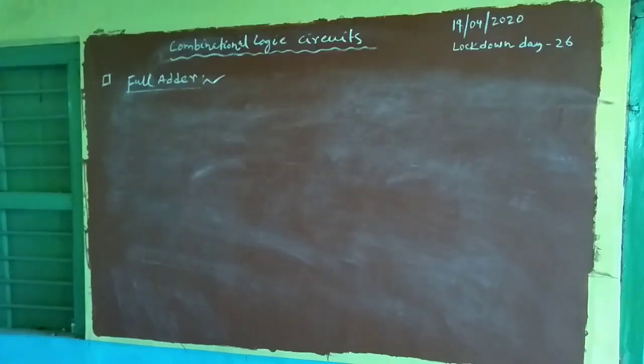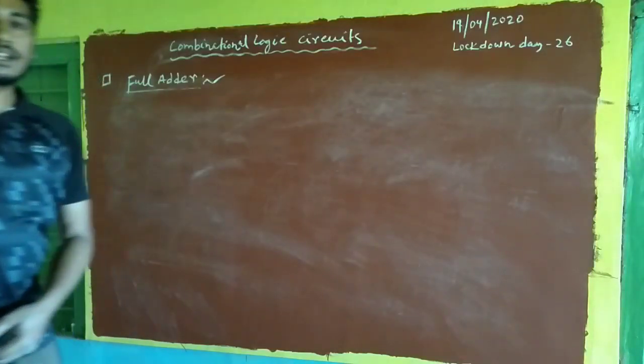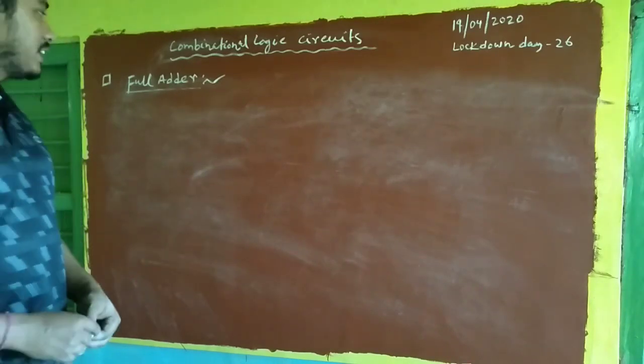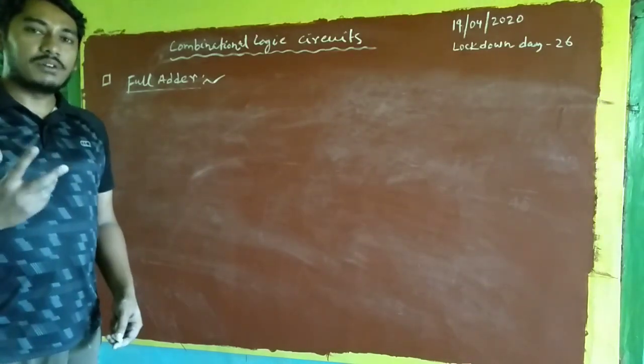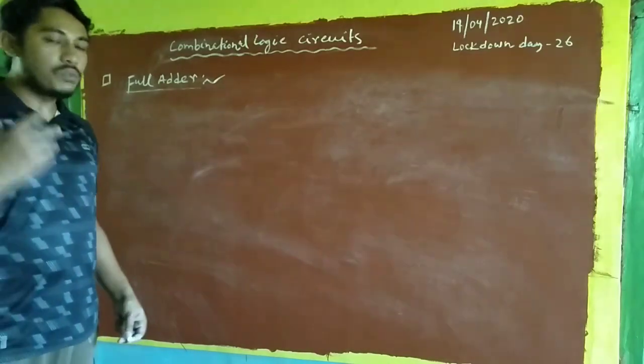After applying De Morgan's theorem here, now you remember the Boolean algebra. What is the rule here? A plus A bar B is equal to A plus B. Now we will apply this Boolean law here, that is A plus A bar B is equal to A plus B. So what we will get? We will get A bar plus B. Now again we will apply De Morgan's theorem here. A bar plus B is nothing but A B bar whole bar.